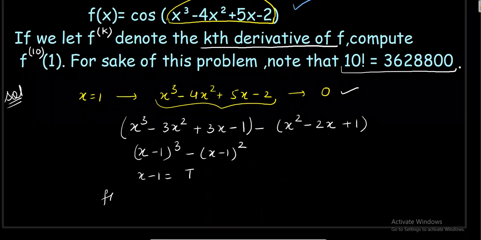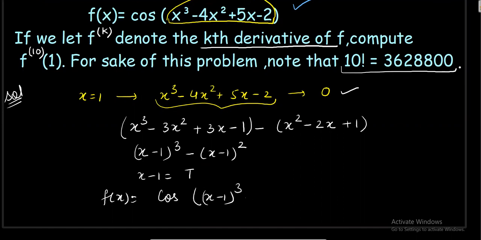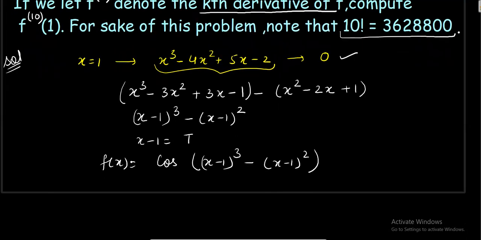They have given cos of x cube, so I'm writing it as (x minus 1) cube minus (x minus 1) whole square. Using the substitution, instead of x I will be replacing it with t plus 1. Let's say it is a new function, g of t. On the right hand side, you will be getting cos of (t cube minus t square).